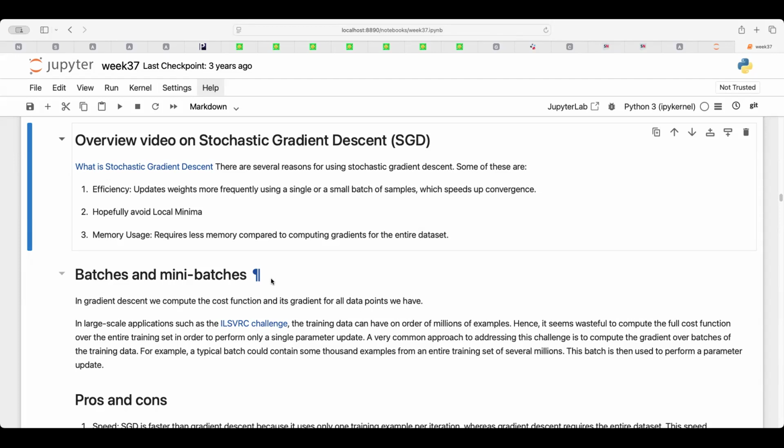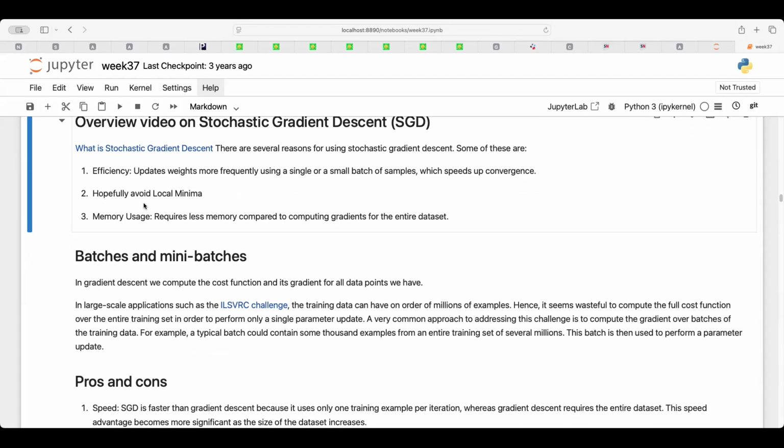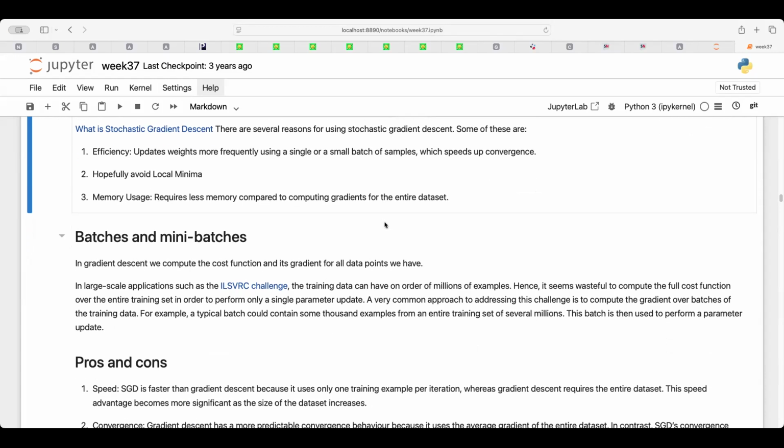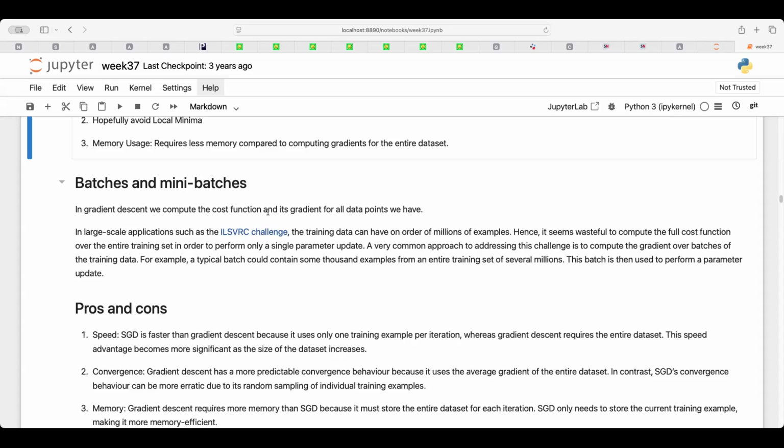So the idea here is that it hopefully avoids local minima. Memory usage: it requires less memory compared to computing gradients for the entire data set, which we discussed before the break. So in gradient descent, we compute the cost function and its gradient for all data points we have.